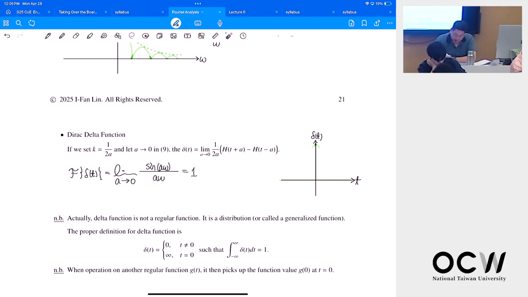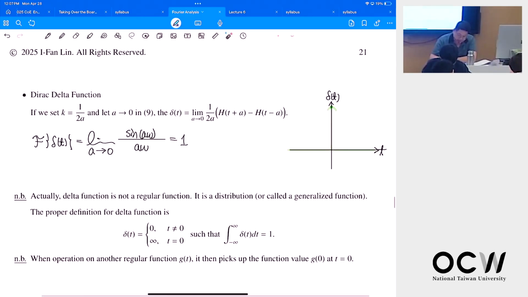It's called a generalized function, because you see that when t equals 0, the value is infinite. So here is the proper definition for the delta function. When t is not 0, then it is 0. But when t is 0, this value is infinite.